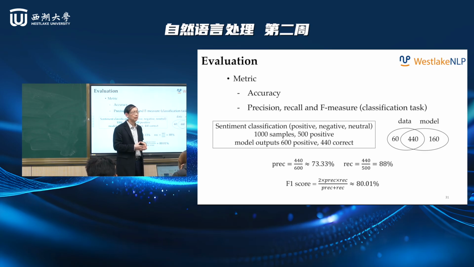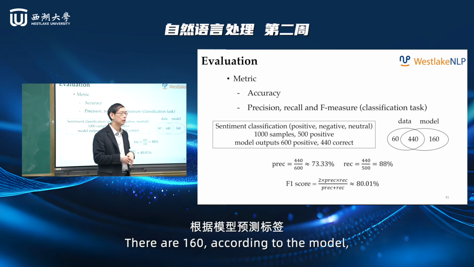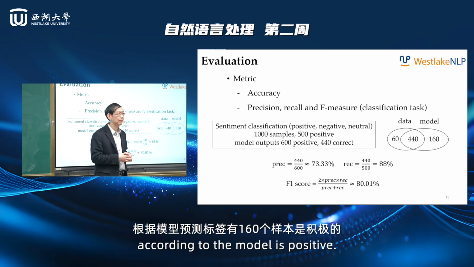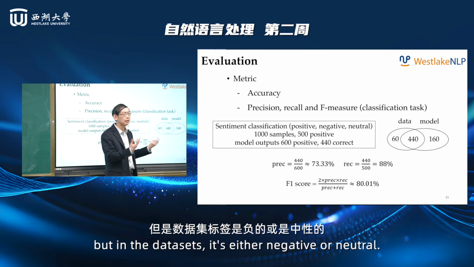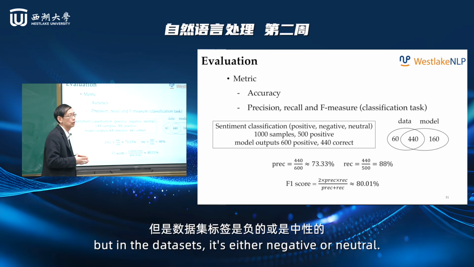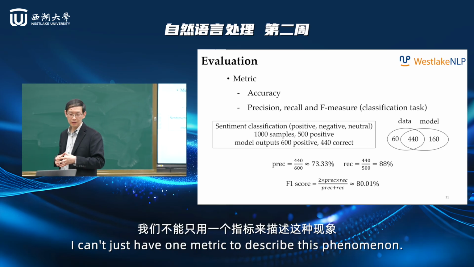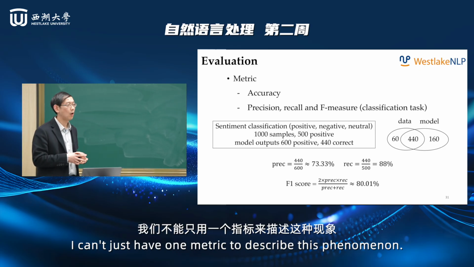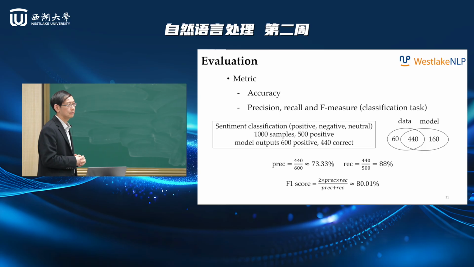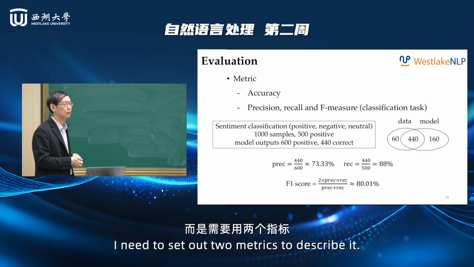And there are 160 that according to the model are positive, but in the data set are either negative or neutral. So I can't just have one metric to describe this phenomenon. I need two metrics to describe it.